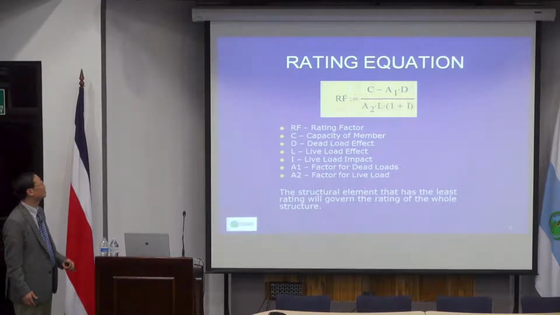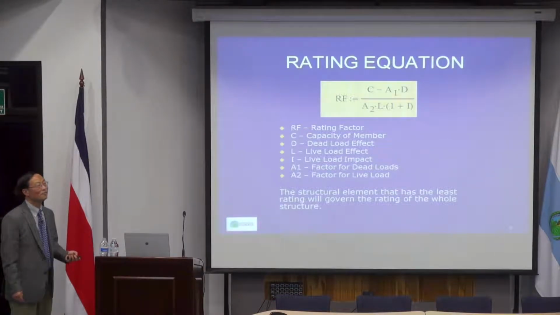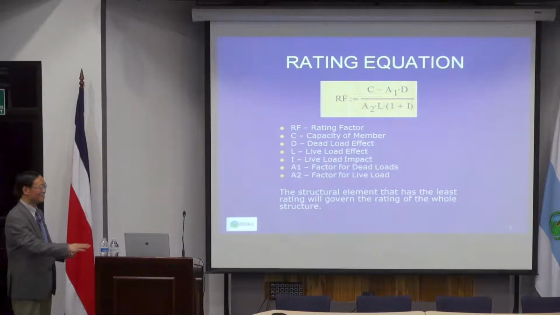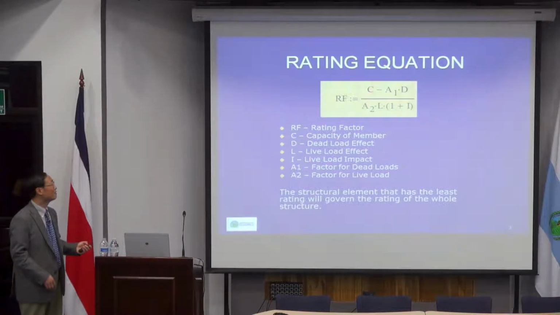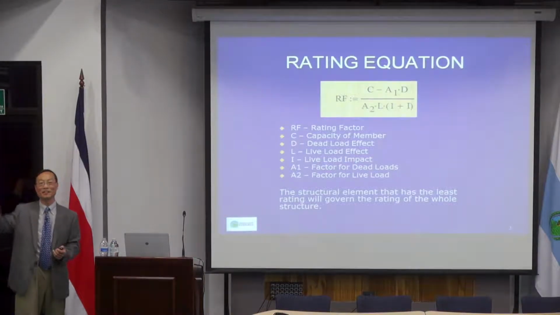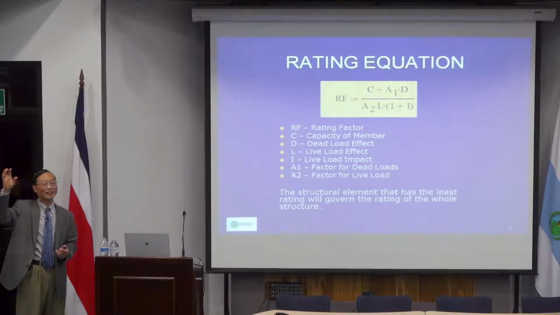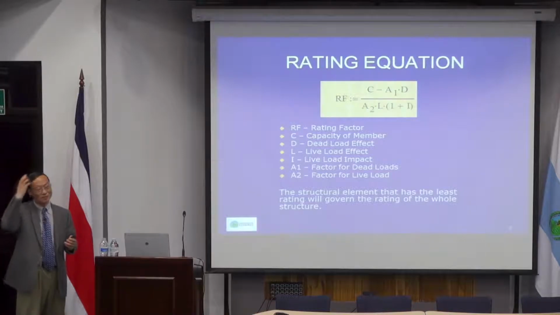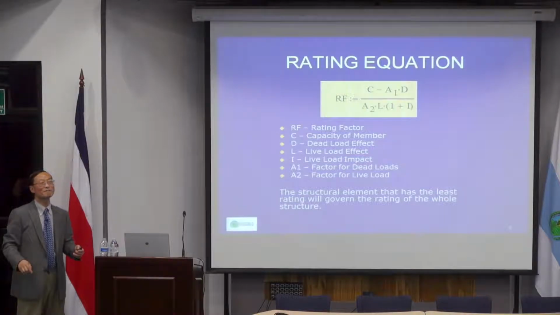So that's the general equation. In other words, if you know this equation, I don't need to talk about it anymore. All you need is to know how to calculate member capacity, the C. In other words, you may have to calculate every major component of the bridge, like all the girders and the pier bent and that kind of thing. Typically, you only calculate superstructure and substructure, but not foundation, because we don't really know the foundation capacity.